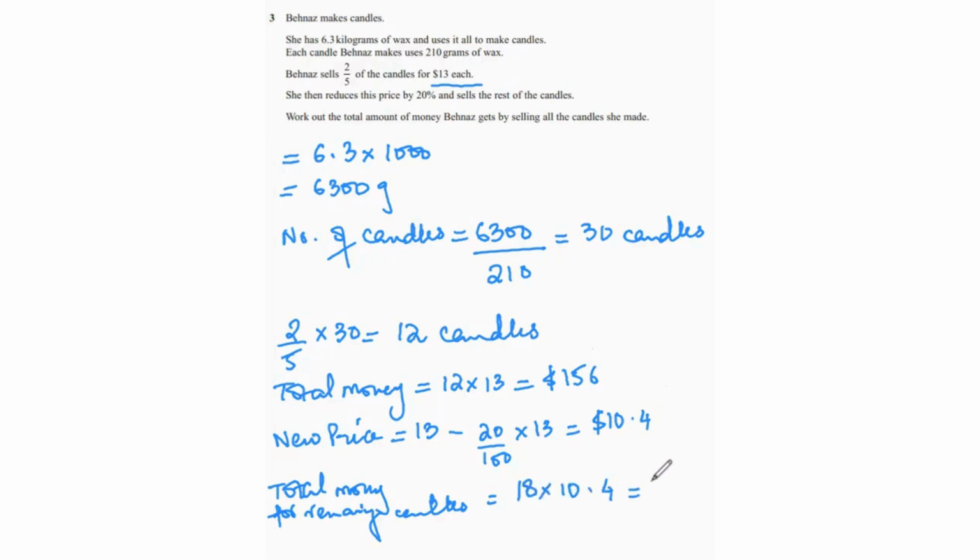That gives us 187.2. So for the total amount of money that she has earned, that's going to be 156 plus 187.2, which is going to be $343.2. That's the amount of money Bernaz earns by selling the candles she made.